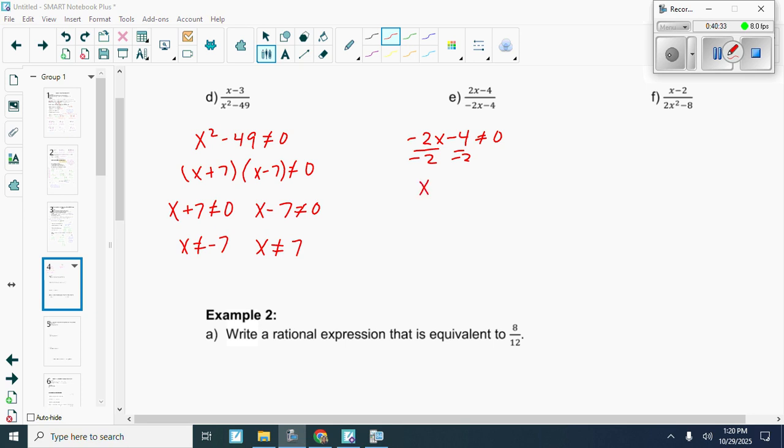You would have ended up with x plus 2 cannot equal 0, because we would have taken out a negative 2. But even if you just took out a 2 and you ended up with the negative x minus 2, we were able to get through that one. So this is x plus 2 cannot equal 0, and x cannot equal negative 2.